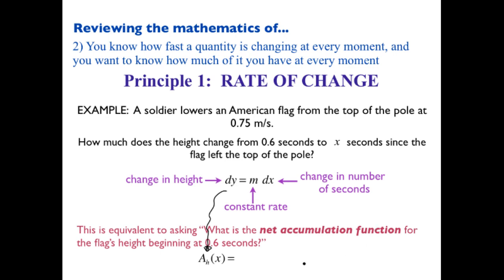So can we write the rule that would give us the net accumulated height at any value of x? Hint. Okay, we're going to have to figure out what that is, right?